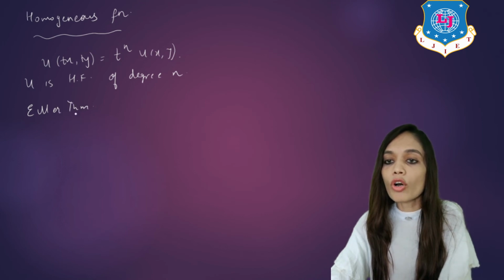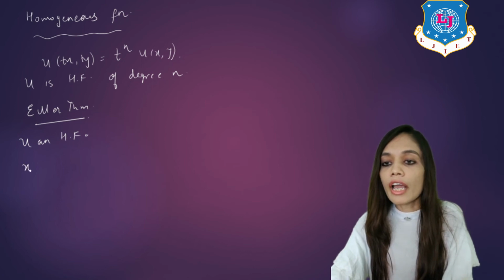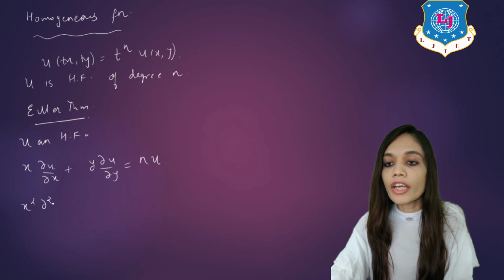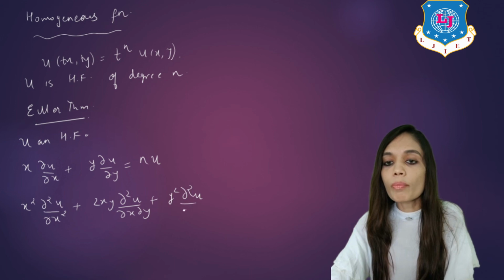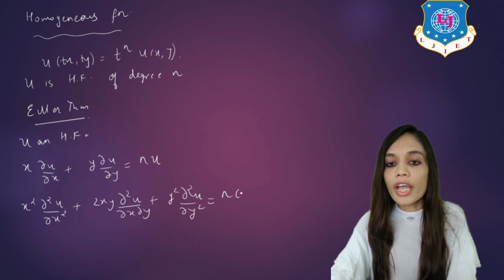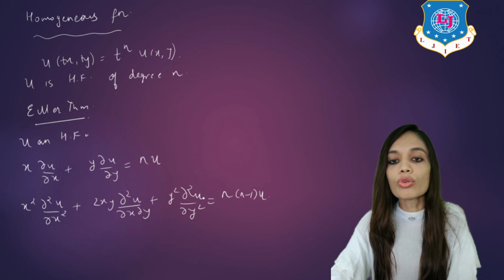For this theorem also, the first condition is u should be a homogeneous function, right? So if u is a homogeneous function, then x del u by del x plus y del u by del y will be equal to n into u, and x square del square u upon del x square plus 2xy del square u upon del x del y plus y square del square u upon del y square will be equal to n into (n minus 1) into u.